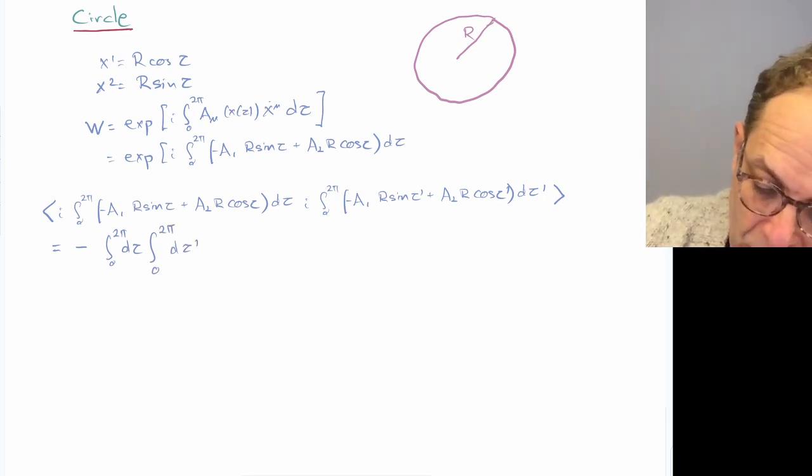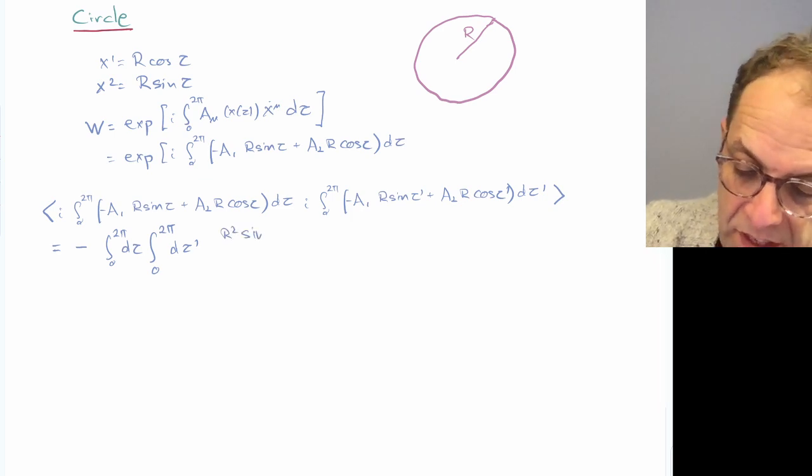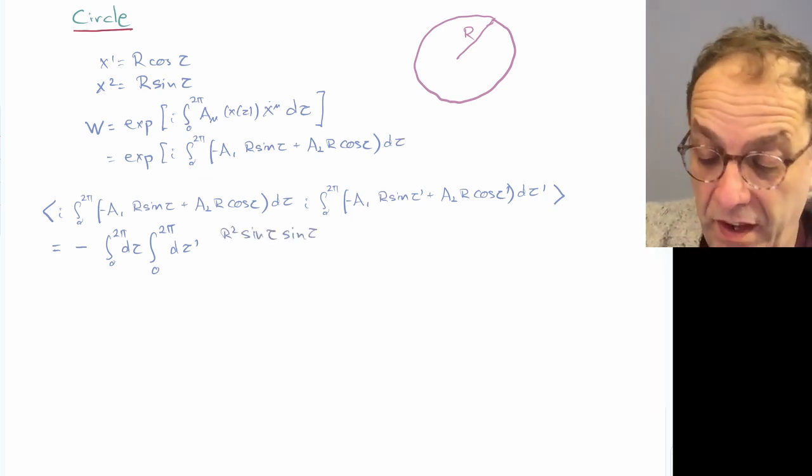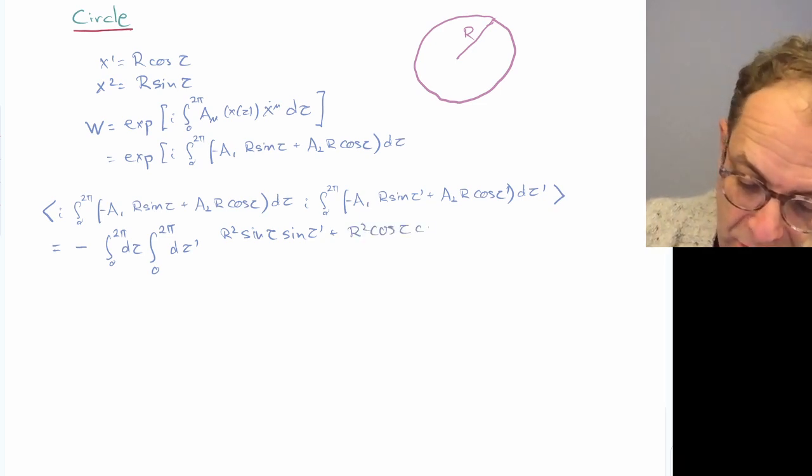So in the numerator, we get the product of sine tau and sine tau prime and cosine tau and cosine tau prime.